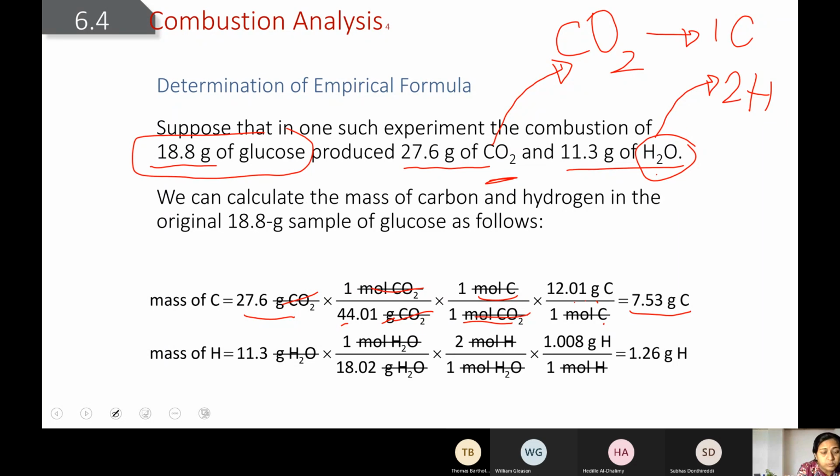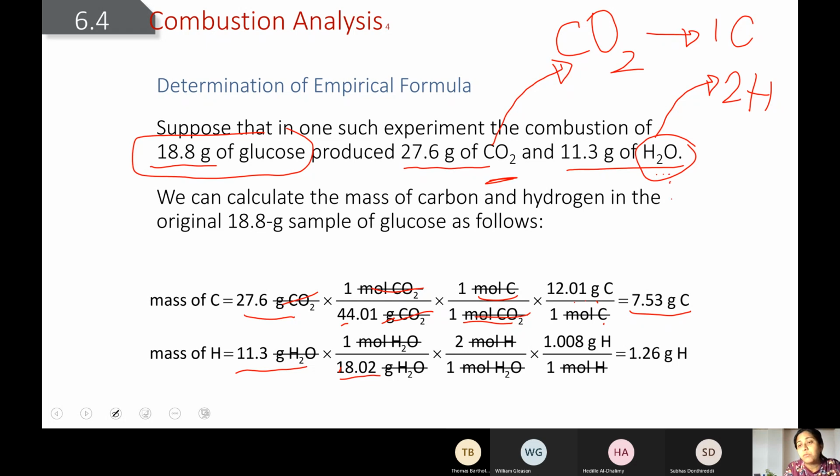Okay, let's calculate the mass of hydrogen. We start from the mass of water. It is 11.3 grams of water. Now we change the grams of water to the moles of water. We use the molar mass of water. So grams of water cancel out, and then we get the moles of water.